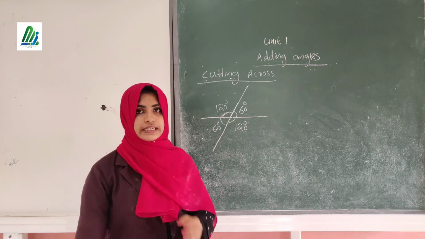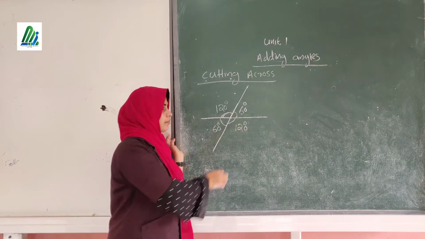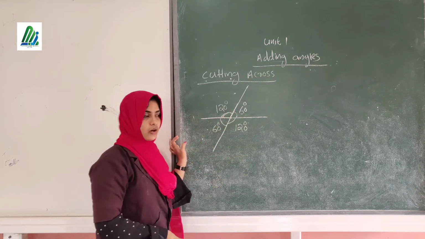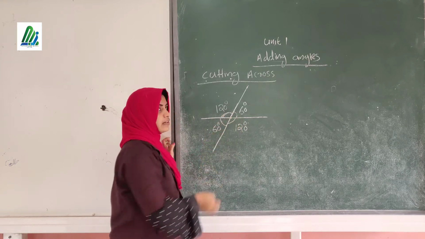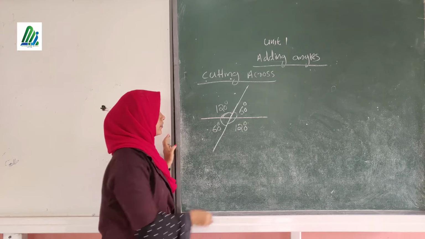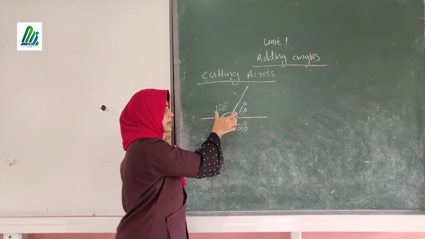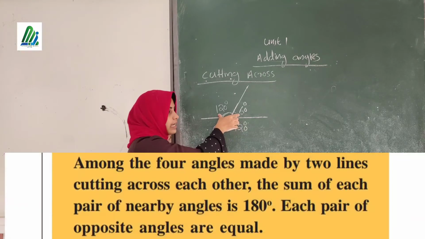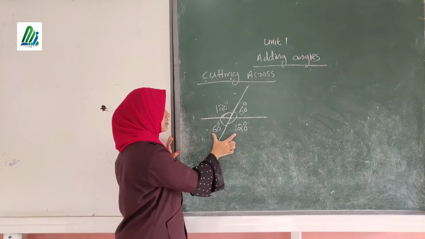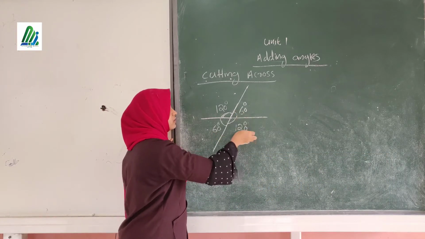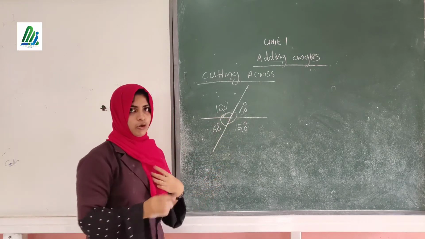Using this technique, we reach another principle. Among the four angles made by two lines cutting across each other, the sum of each pair of nearby angles is 180 degrees. 120 plus 60, so the sum of these nearby angles is 180, and also this nearby pair is 180, and this is 180, this also 180, and the opposite angles are equal.